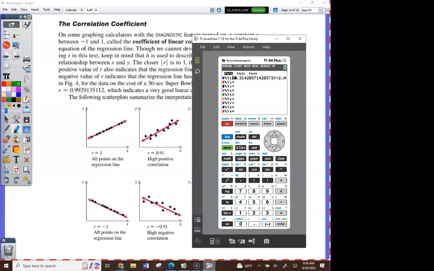Is mine still up? No. Stand by. I'll pull it up. The correlation coefficient comes from the data, based on the spacing of the points to the line of best fit.